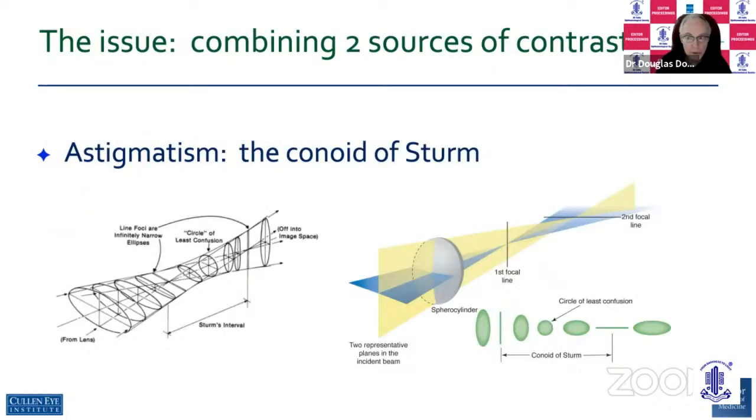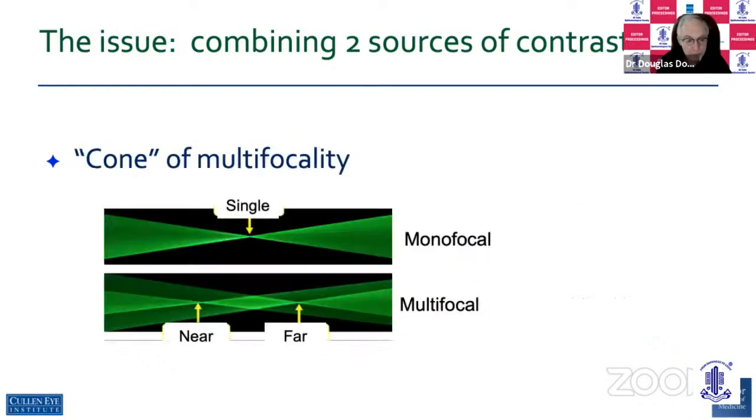And the reason for that is we're combining two sources of contrast loss when we're using premium IOLs. We have, of course, our old friend, the conoid of Sturm for astigmatism, which means that light is not focused at any one given point when there's existing astigmatism.